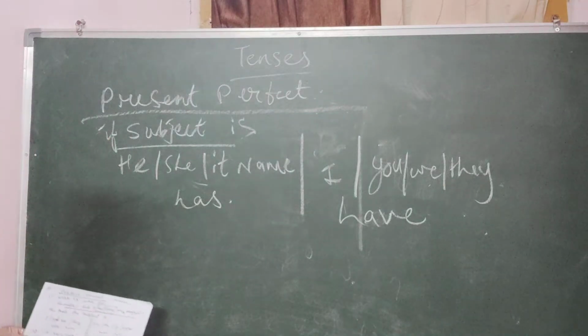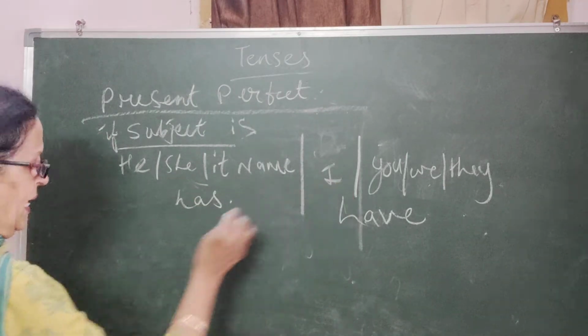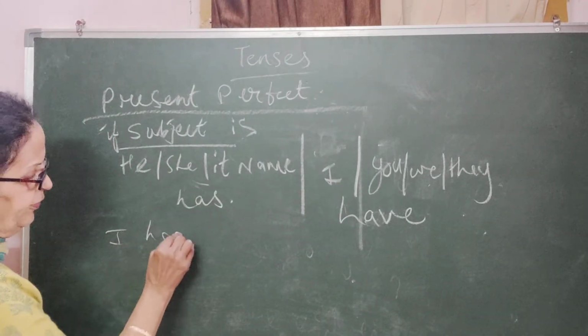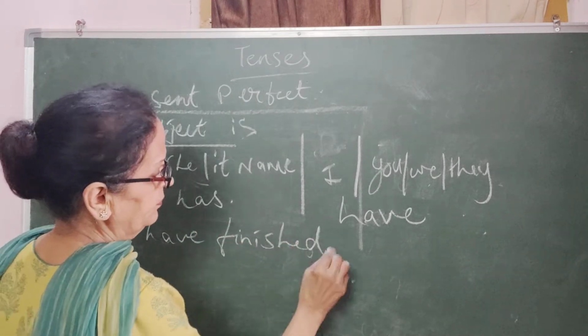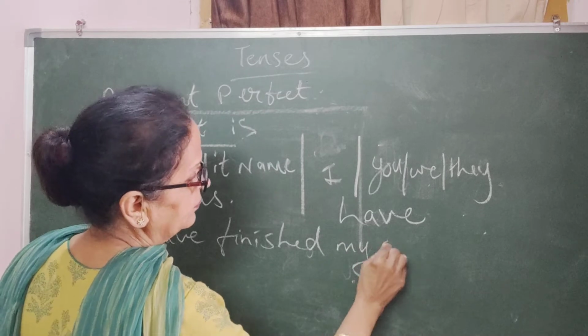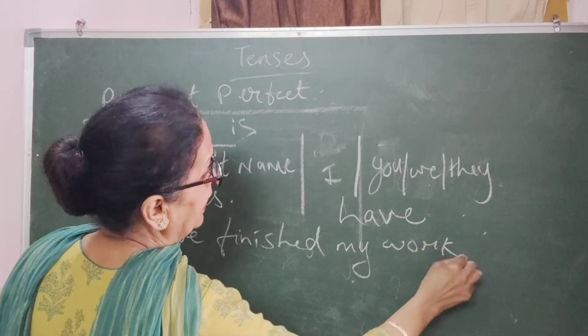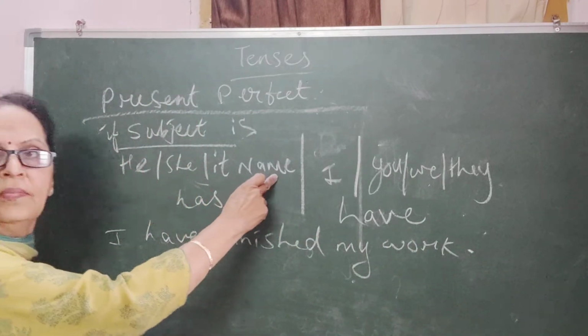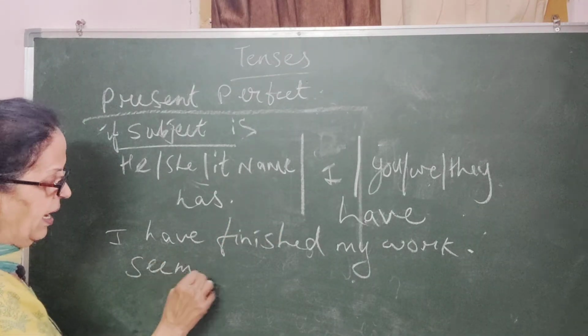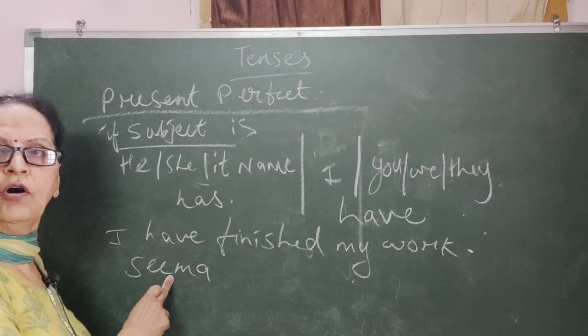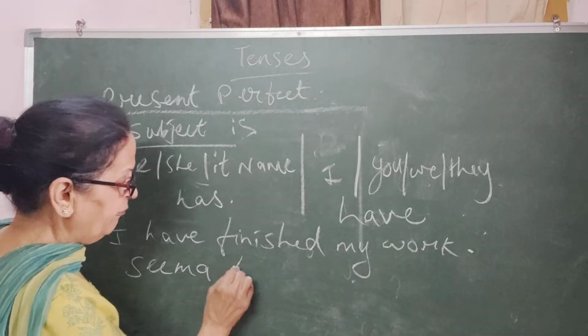So if I say a sentence from I, I write I have finished my work. And if I write down instead a name, so it becomes Seema or he or she.